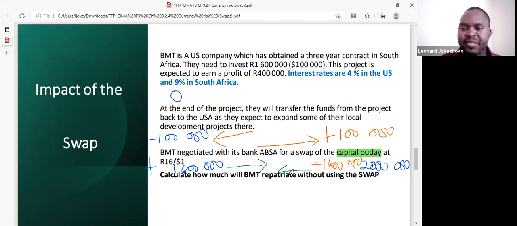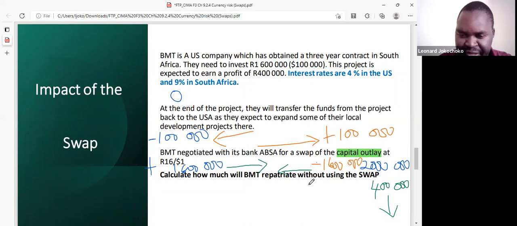If 1,600,000 was supposed to pay 50 employees, it's possible they will still be paying the same amount, assuming there is no inflation, only interest change. In the same manner, BMT will have $100,000 at the beginning of year 0. It is still having 100,000 at the end of the period. Now, you will see here that only 400,000 is now left with BMT because the 1.6 million they've retained. The exchange rate exposure is going to be incurred on the 400,000.